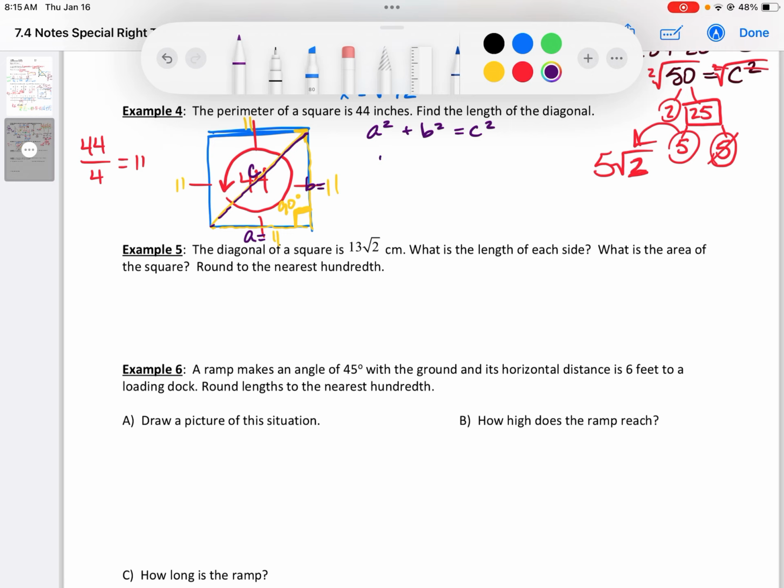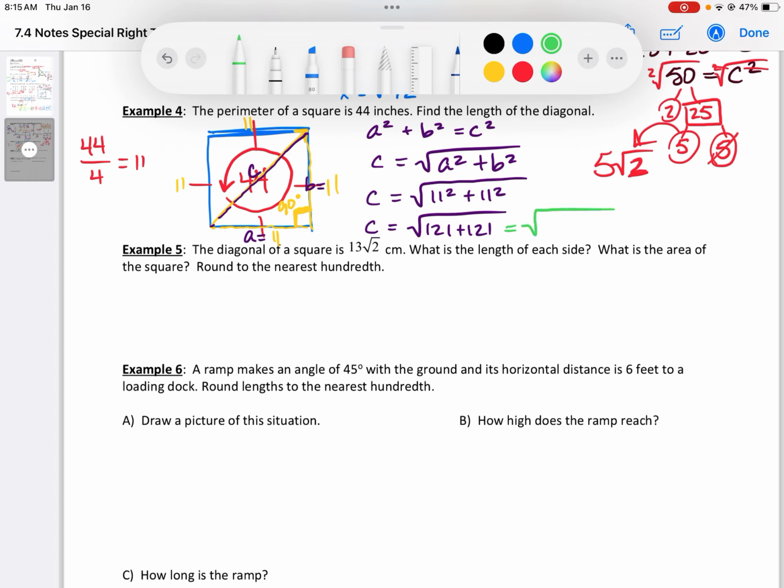Specifically, when I'm looking for C, I like to write it as C equals the square root of A squared plus B squared. If both of my sides are 11, 11 squared gives me 121 plus 121. And so that equals the square root of 242.